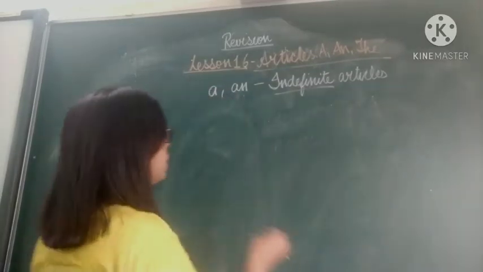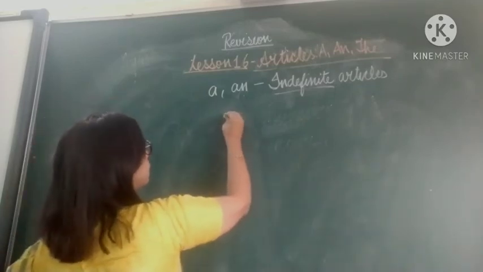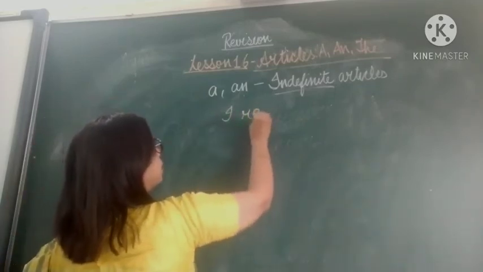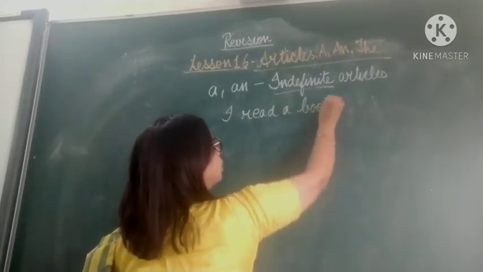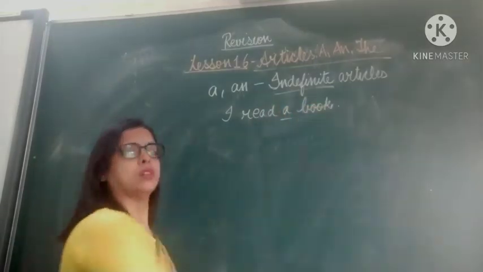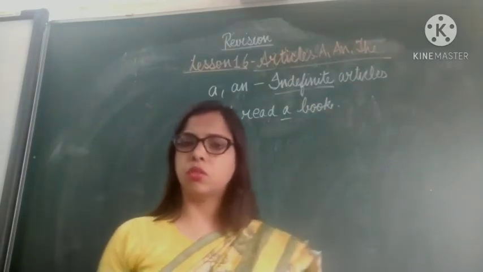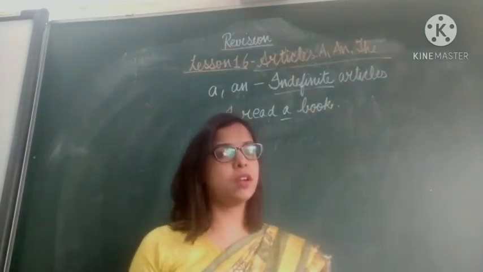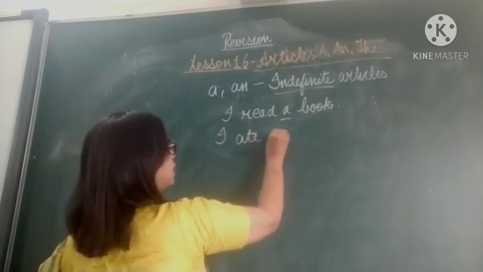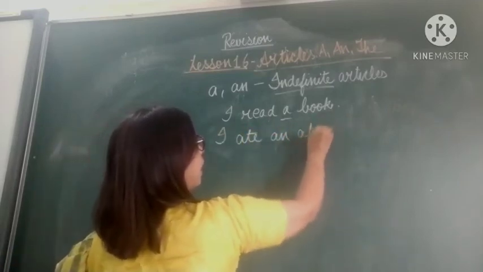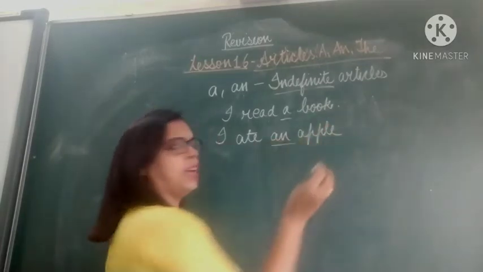If I give an example, I read a book. Okay, I read a book. So book can be any book. I am not talking about any particular book. I ate an apple. Any apple?